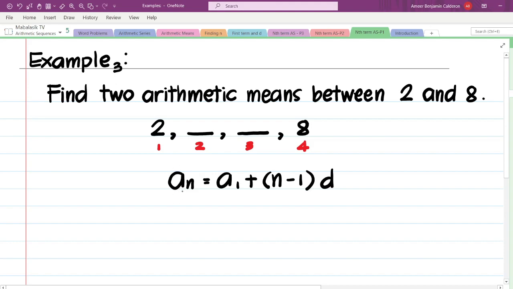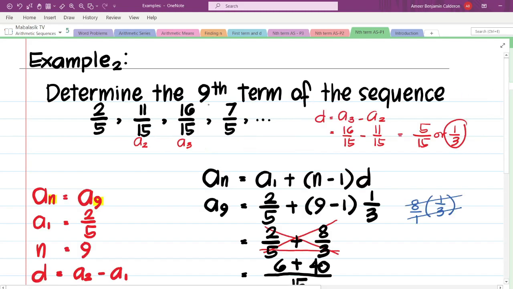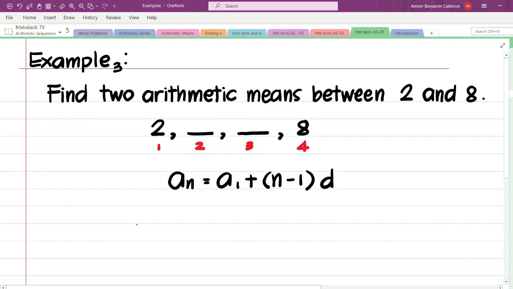A sub n, as we have mentioned, is the nth term. We assume that that is the last term. For example, ninth term. So we assume that we have 9 terms all in all. So a sub 9 is the last term. That's what we are going to do here as well. So we take 8 as our assumed last term.